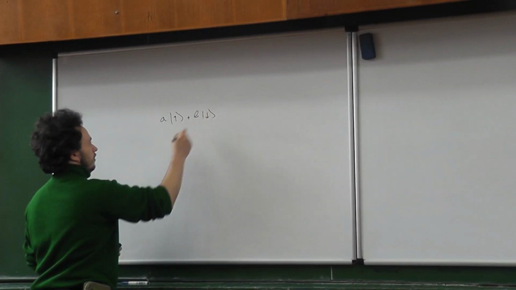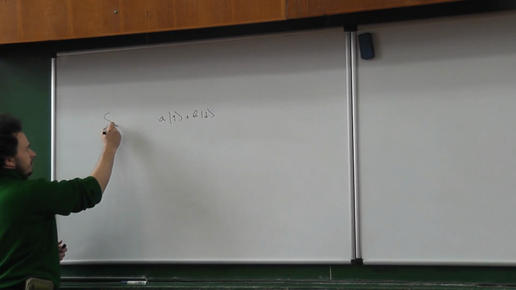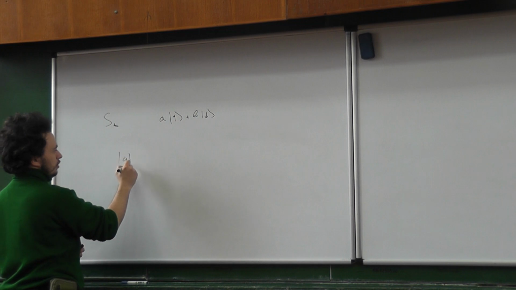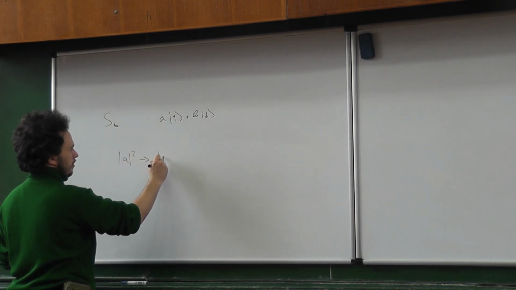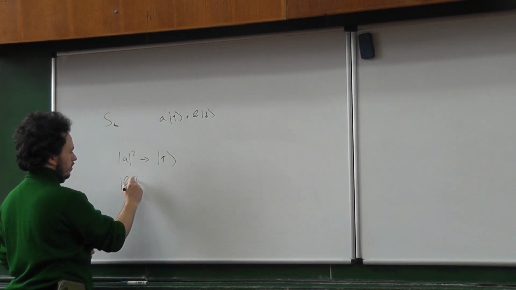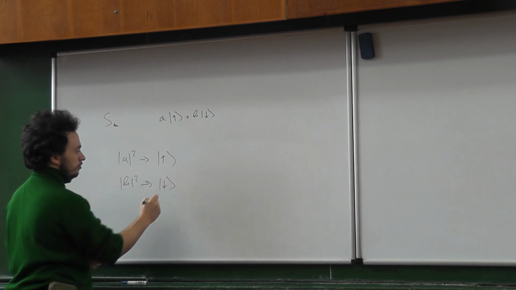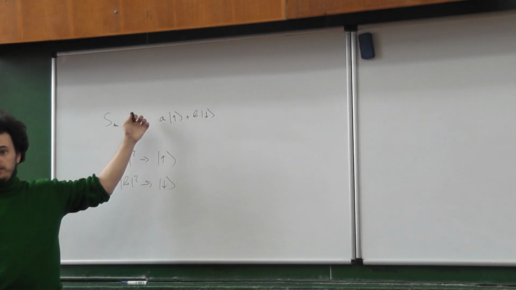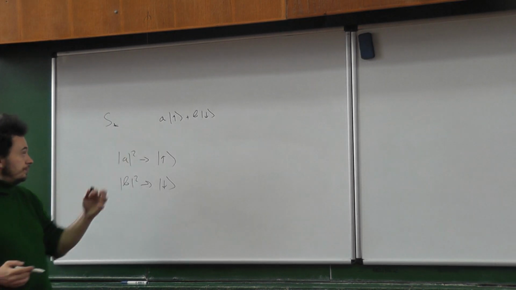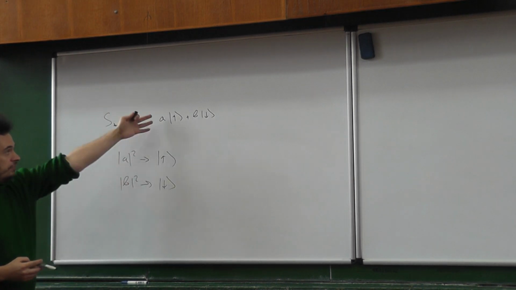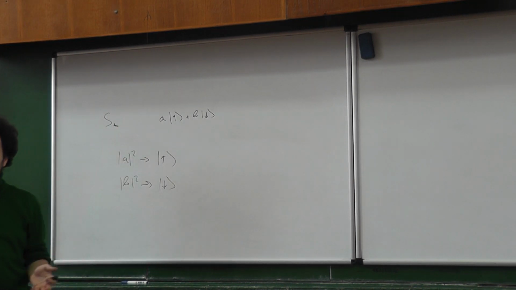Suppose you have some spin 1/2, like in the state A up plus B down. You measure S_z: with probability A squared, you get state up, with probability B squared, you get state down. You destroyed coherence of the state. You don't have a superposition anymore.